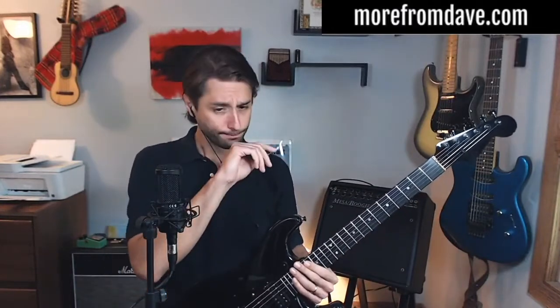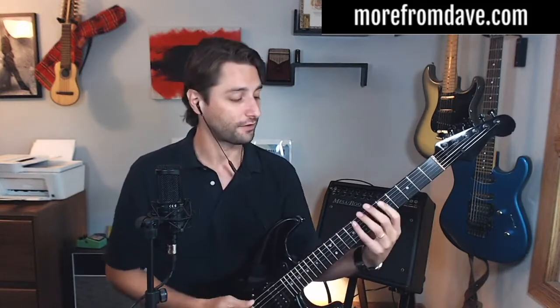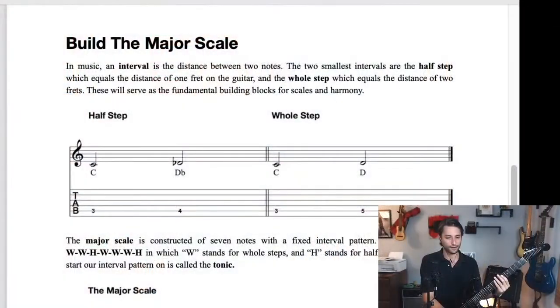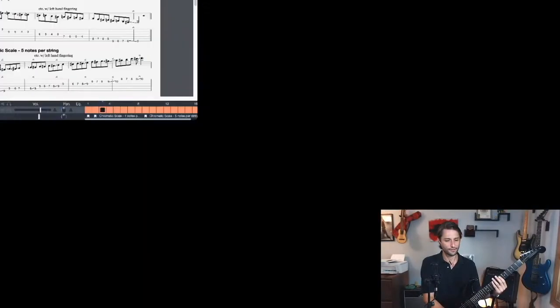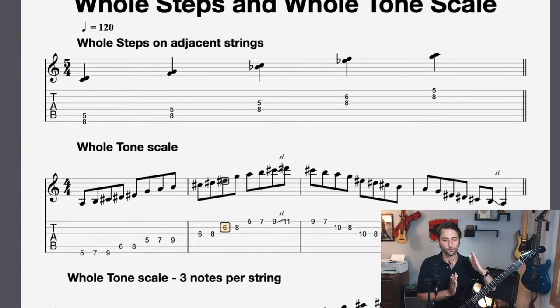Just like before, I'll take it through the same process. I will figure out how these 2 notes occur between 2 adjacent strings. That might be something like that. It's the same as our half step interval, but 1 fret bigger, because we added a half step to it.